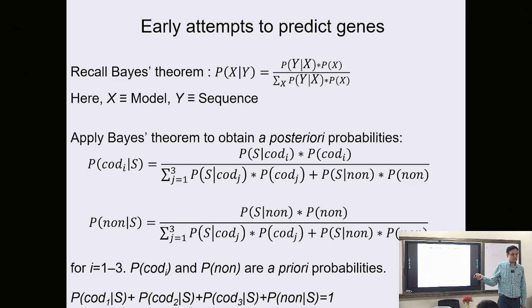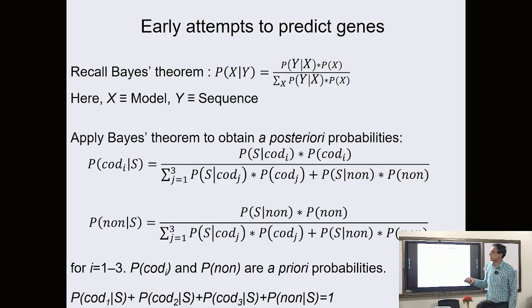So let us say X is the model and Y is the sequence. Then the probability of a model given the sequence, given the evidence, is equal to the probability of the sequence given the model multiplied by the probability of the model, divided by the sum over all models of the probability of the sequence given the model times the probability of the model.